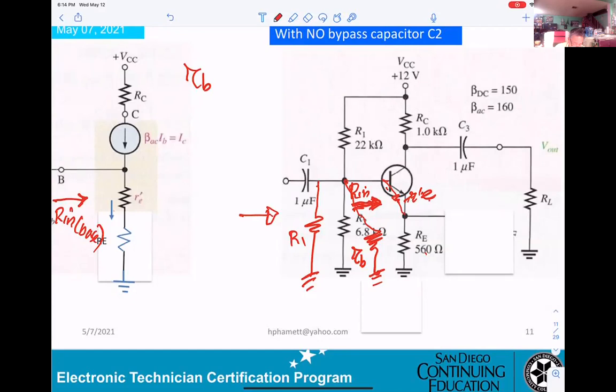Okay, so let's see. That will be a resistance from base to ground.